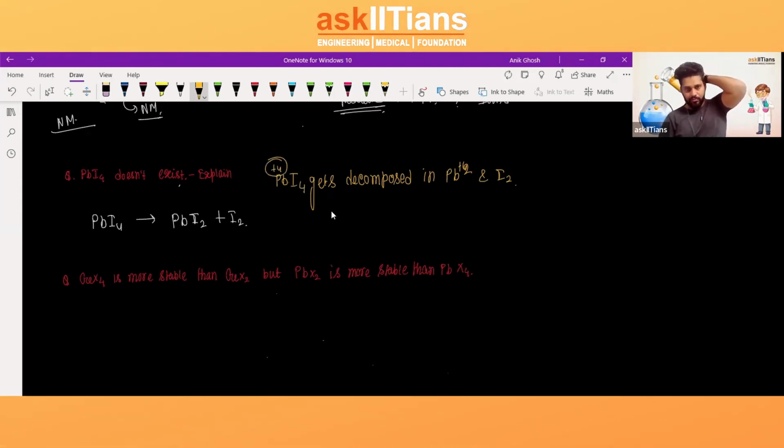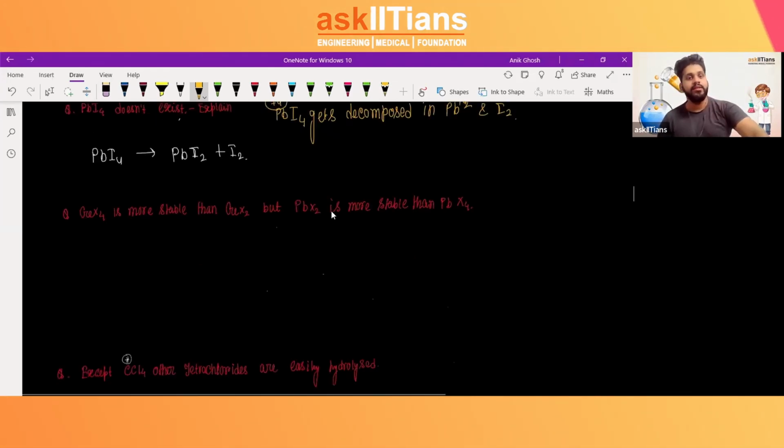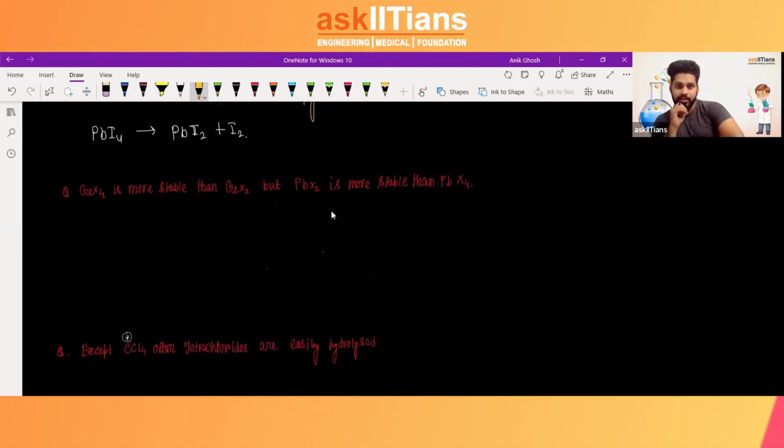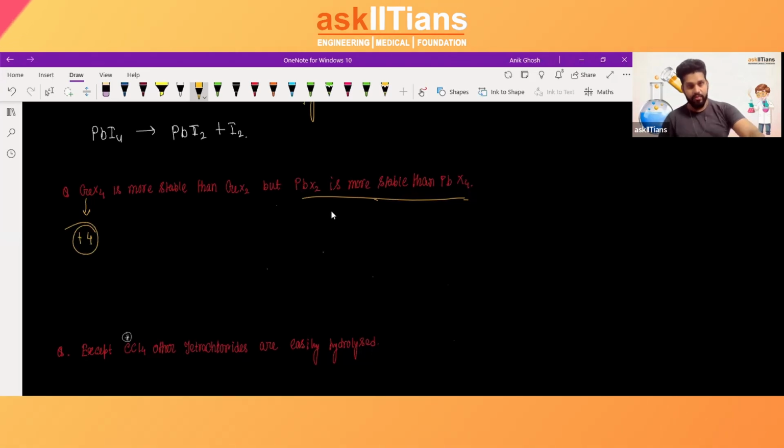Now with the next question, which is GeX4 is more stable than GeX2. But PbX2, it's the same way of asking the question. PbX2 is more stable than PbX4. Guys, for germanium, the most stable oxidation state is +4 because there is no such inert pair effect working. So that's why GeX4 is greater than GeX2.